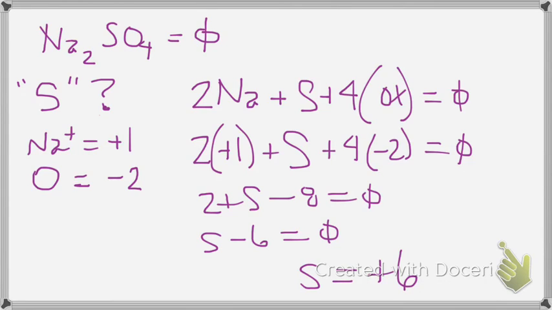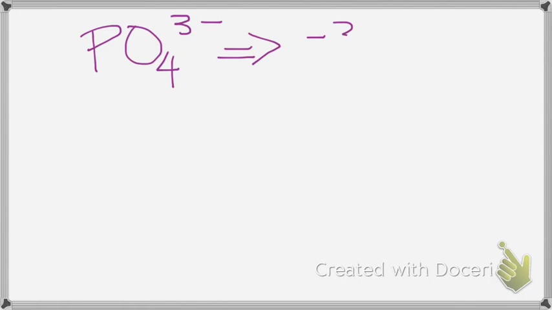Let's look at phosphate now. Let's do another example. If you remember, the phosphate anion has a -3 charge, so therefore it has to have a -3 oxidation number overall.